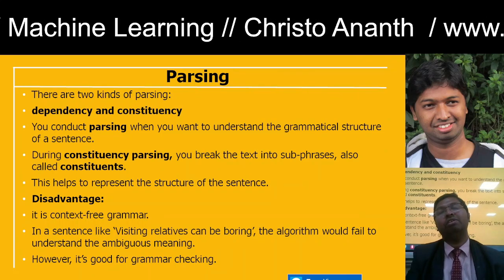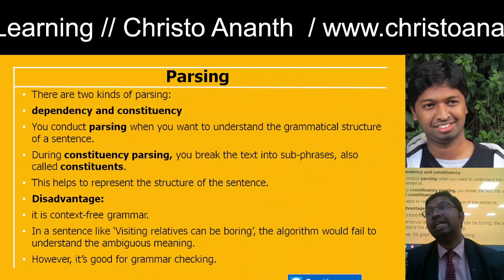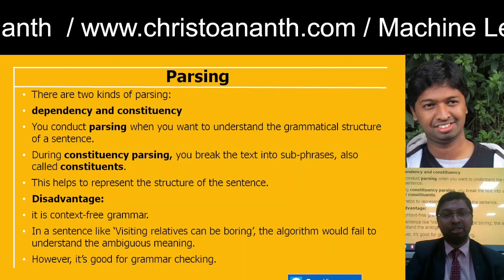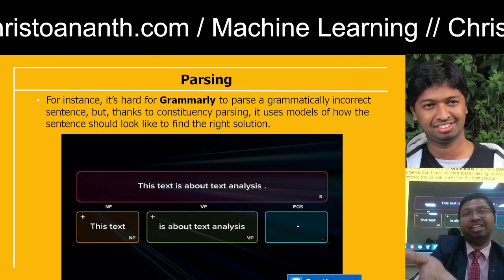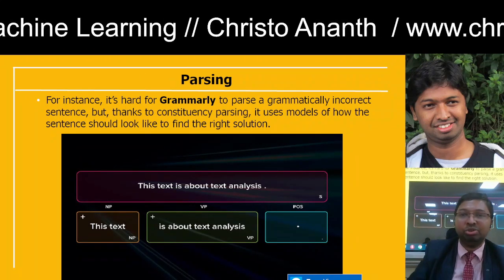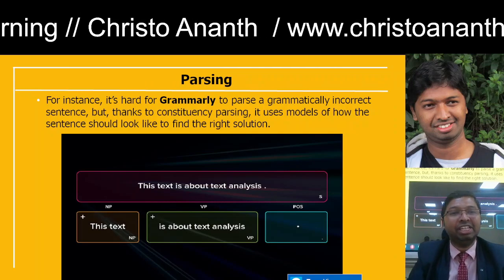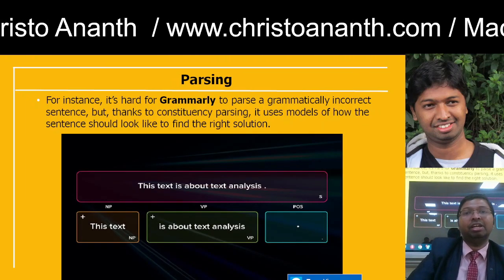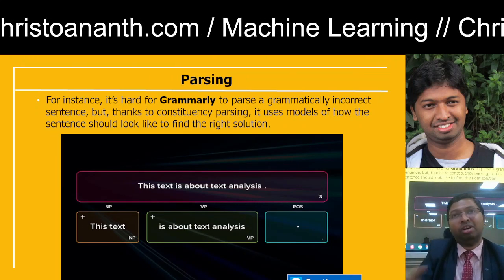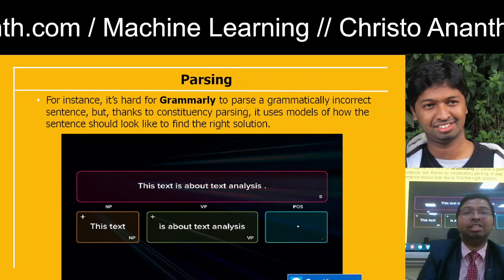Also, it is very important that you can go for grammar checking, and after that it is much better. Grammarly is a website. It is very hard for Grammarly to parse a grammatically incorrect sentence. But if you use constituent parsing, maybe you can use models about how the sentence should look.